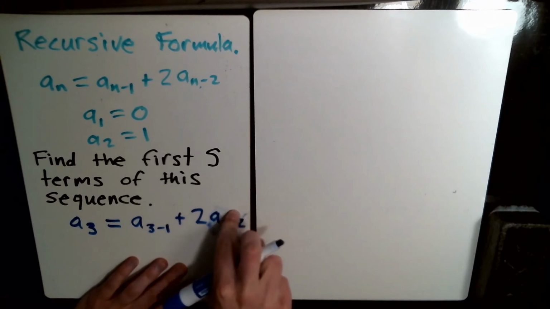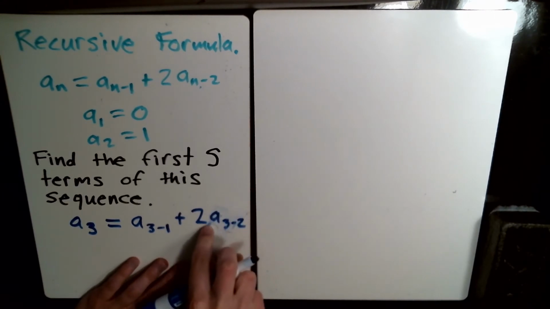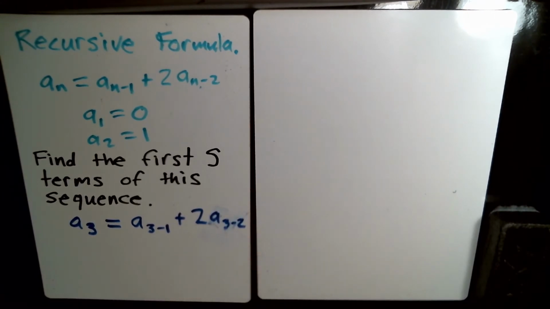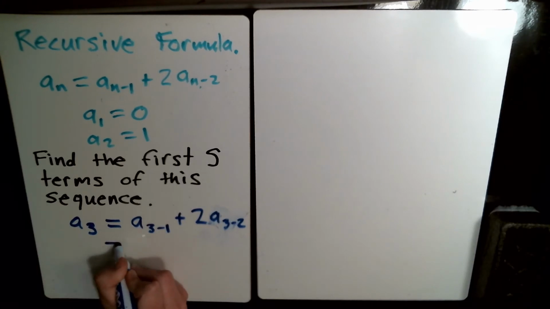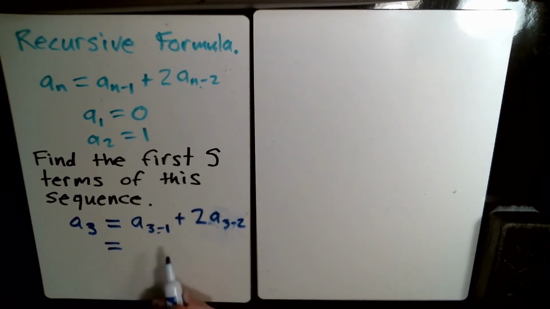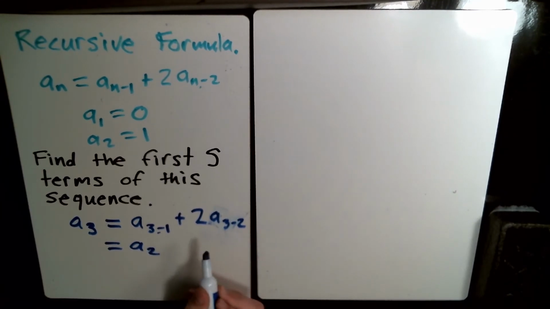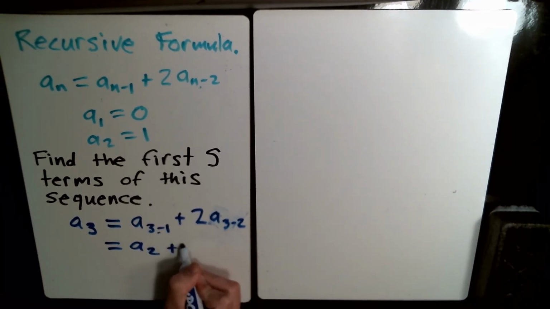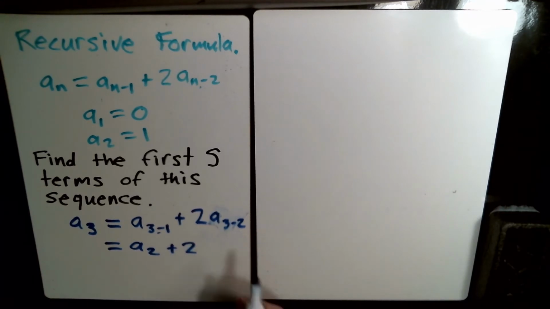That is what this recursive formula tells me. When I simplify this, 3 minus 1 is 2, so we're doing a sub 2 plus 2 times a sub 3 minus 2, which is 1. So I want to do a sub 2 plus 2 a sub 1.